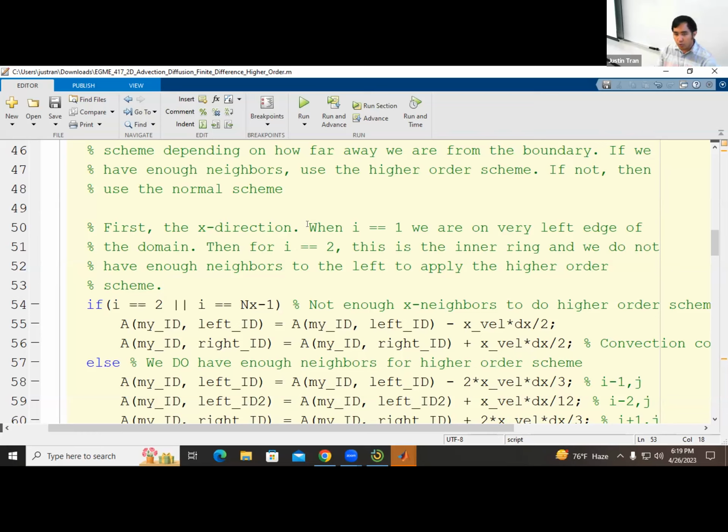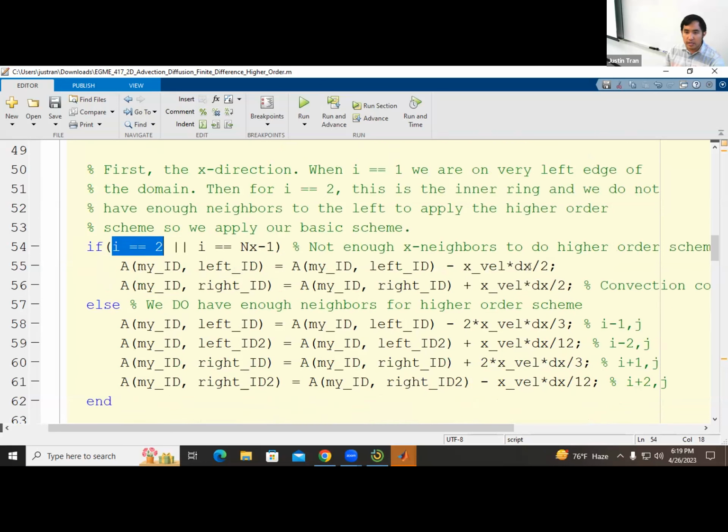In that case, we have to apply our basic scheme. That's why we have an if i is equal to 2 here, and you can see that these are our usual central difference schemes.